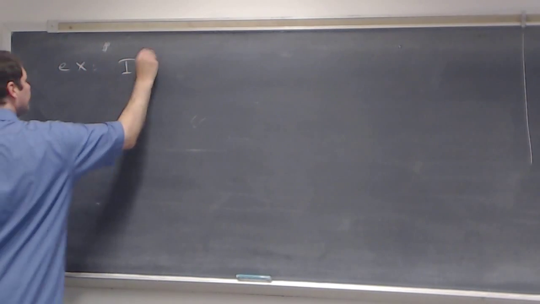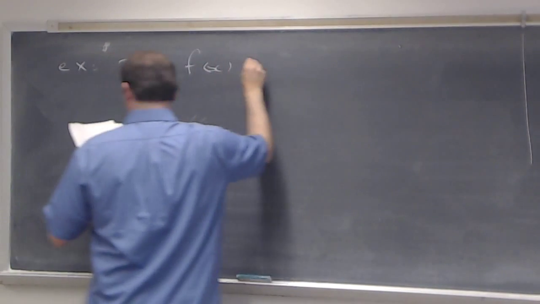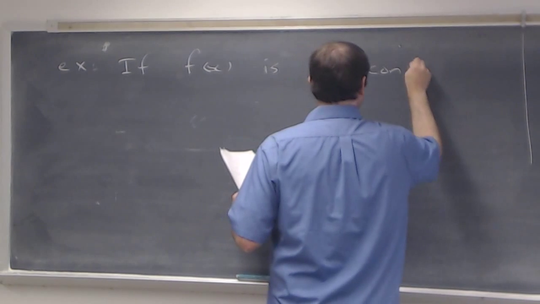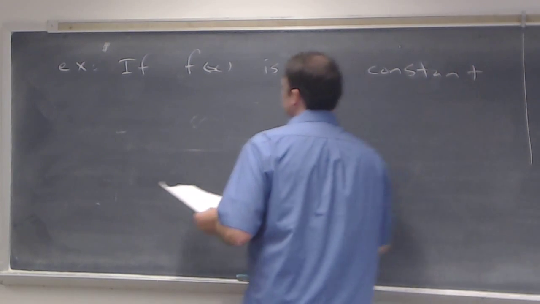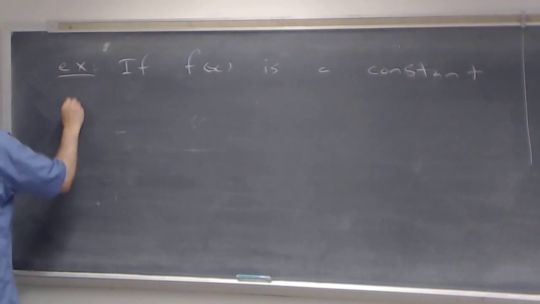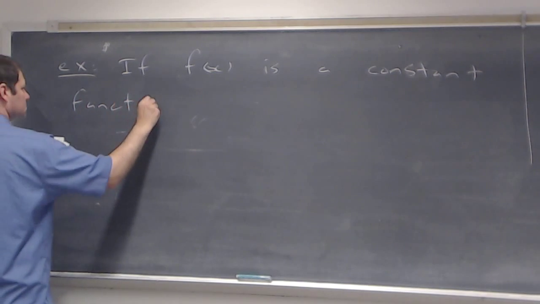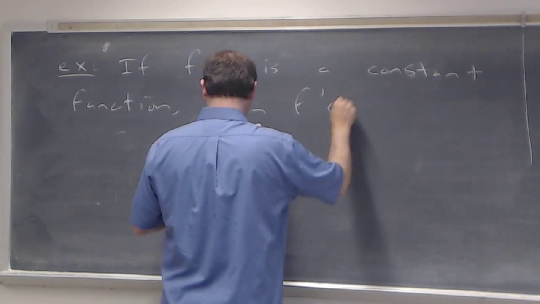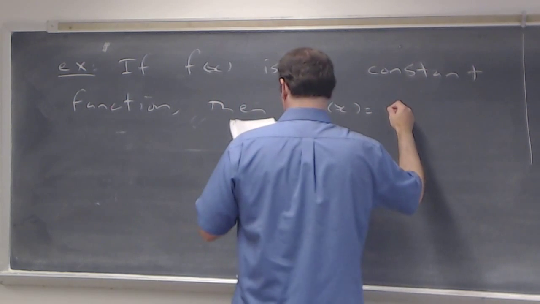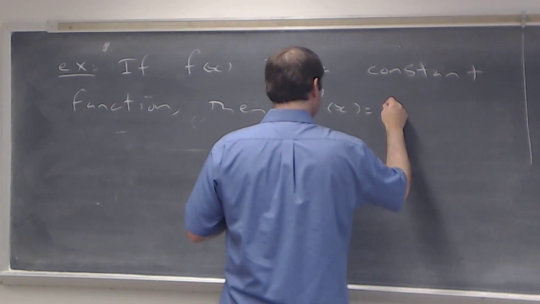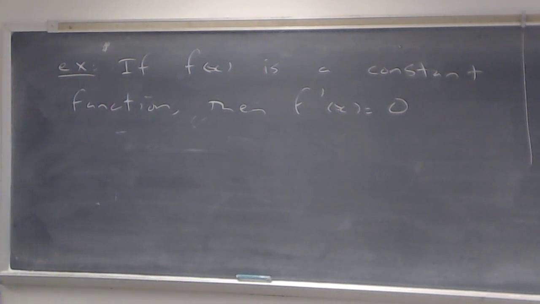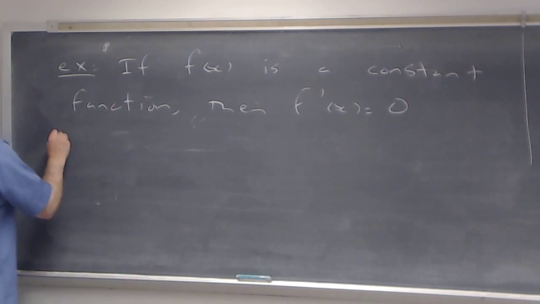So if f of x is a constant function, then f prime of x equals 0. Okay? So this is an example, but really it's a fact too. And so let's prove this.